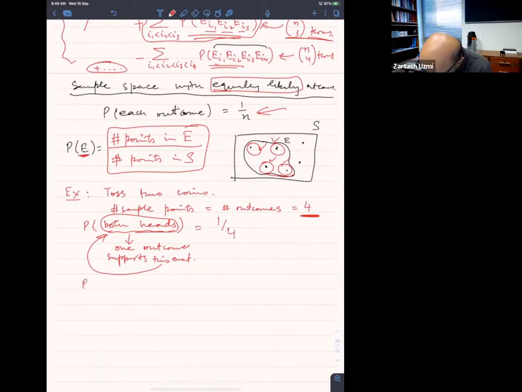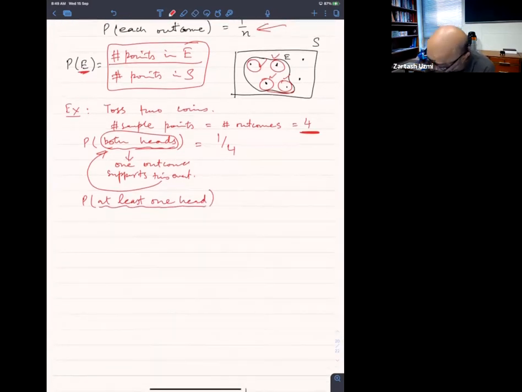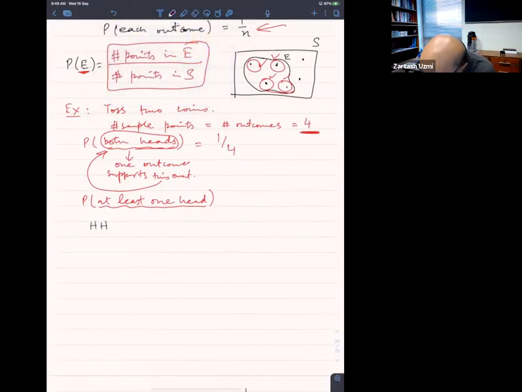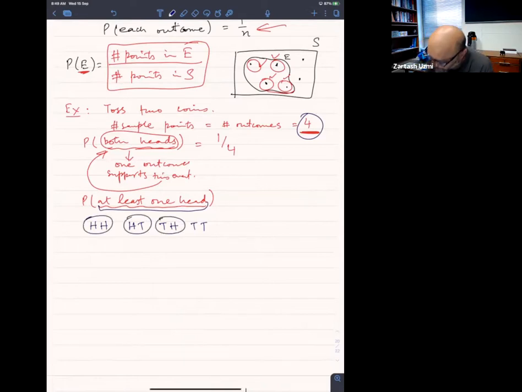Okay. And the probability of at least one head. To answer this question, how many outcomes support at least one head? For that, I'm going to list the 4 outcomes here: HH, HT, TH, and TT. How many outcomes out of these 4 support the event that you get at least one head? One outcome, 2 outcomes, 3 outcomes. In these three you can see there is at least one head.